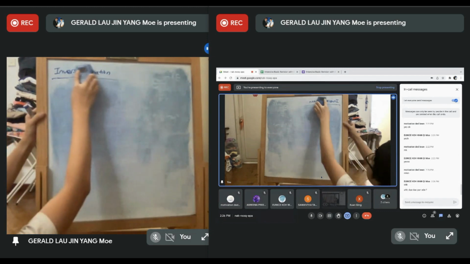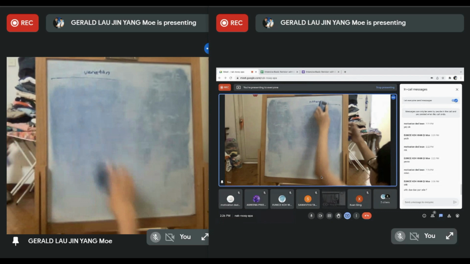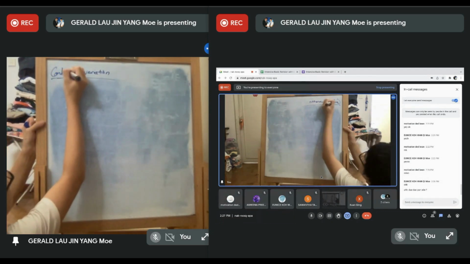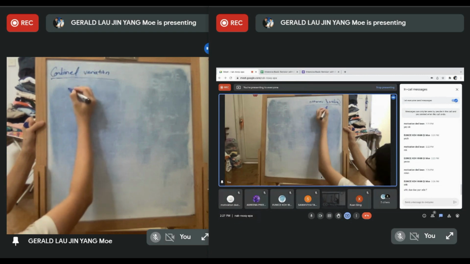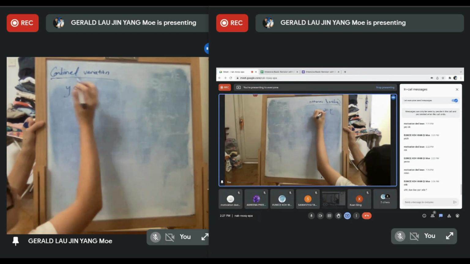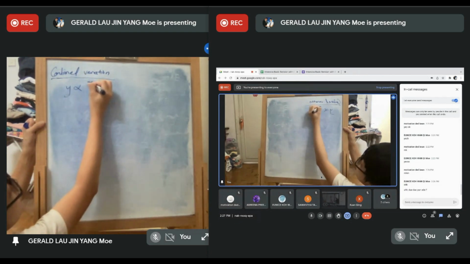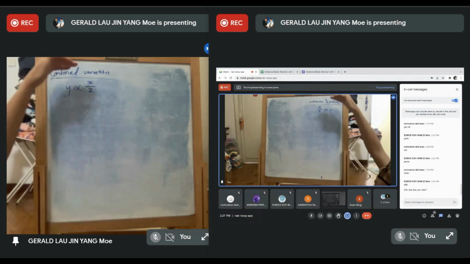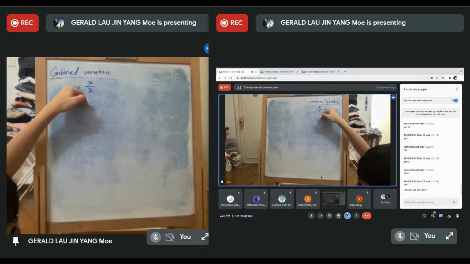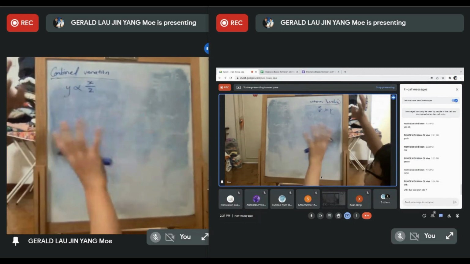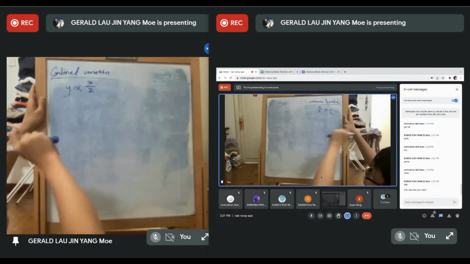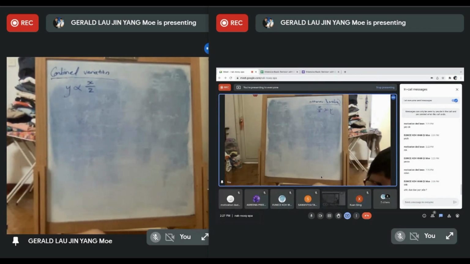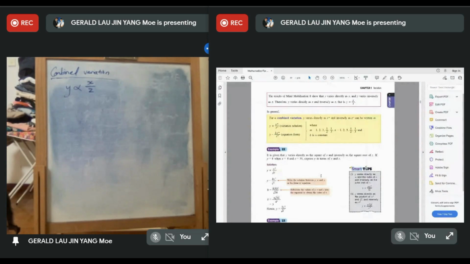Combined variation means you have direct variation and you have inverse variation. So y varies directly as x, and varies inversely as z. That means you have the direct and inverse. But it's okay, it's not too hard. You just write down the variation form based on the question, then you already understand what it wants.